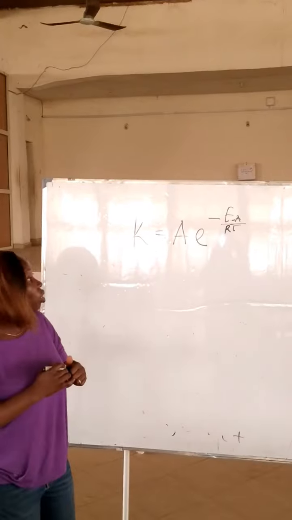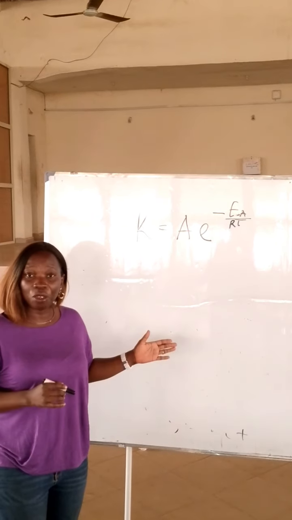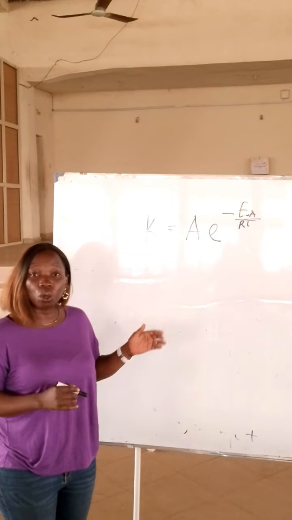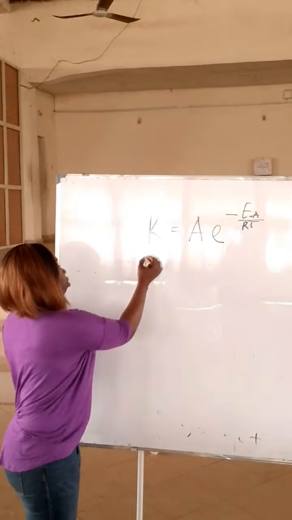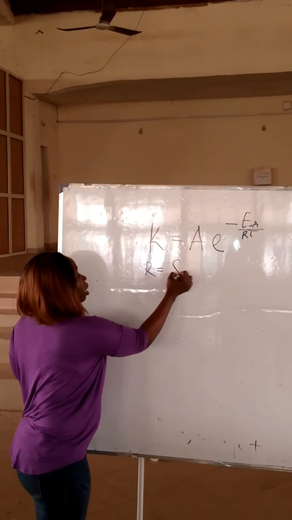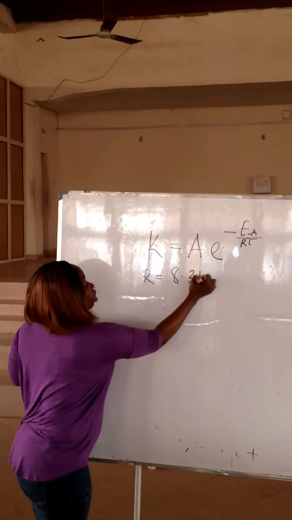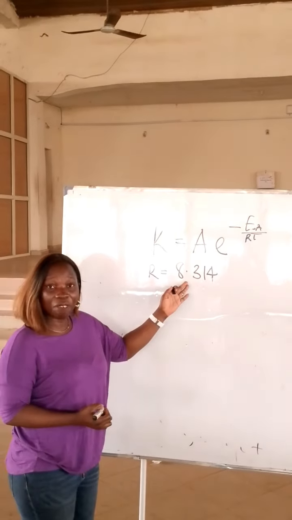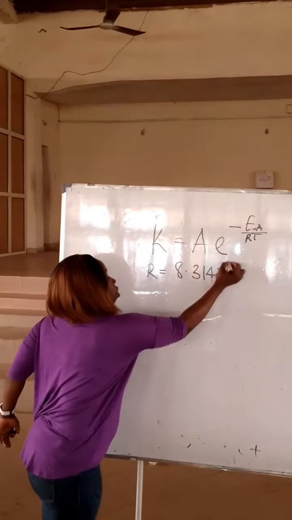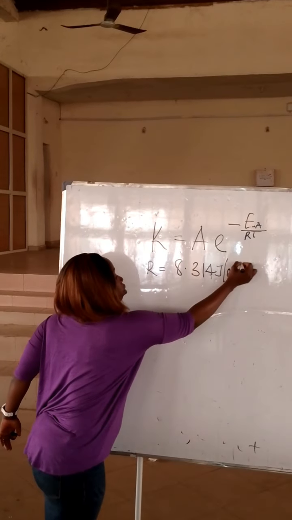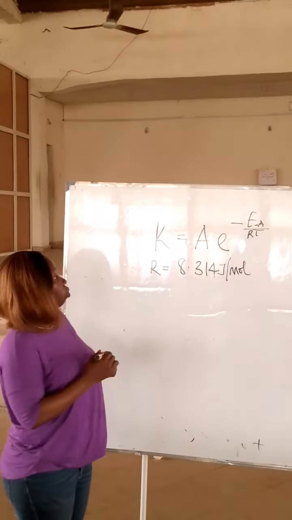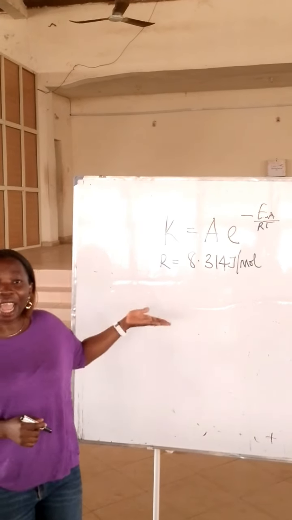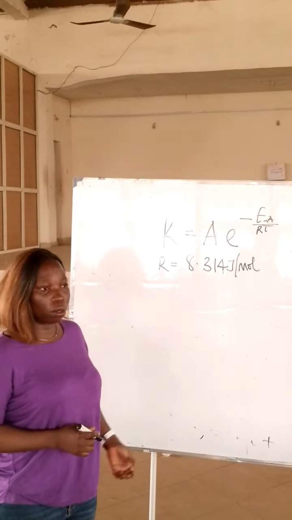The molar gas constant has a fixed value of 8.314 joules per mole per Kelvin. Having that in mind, how can we now apply this Arrhenius equation?